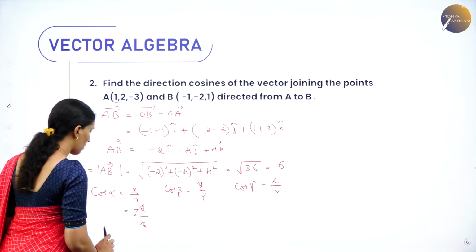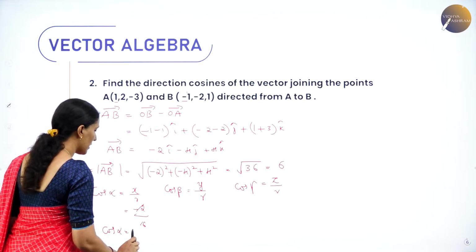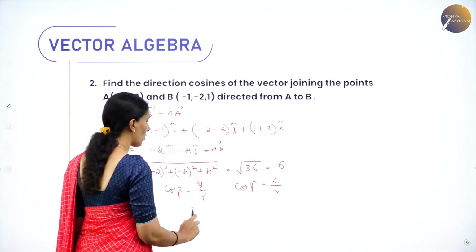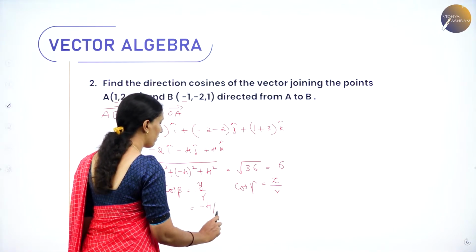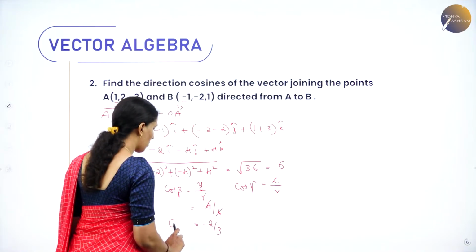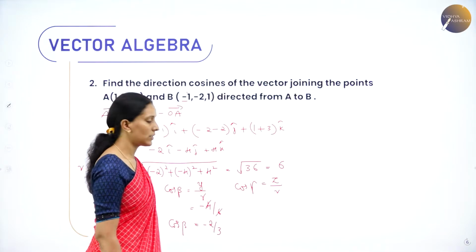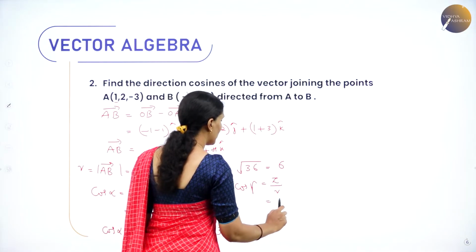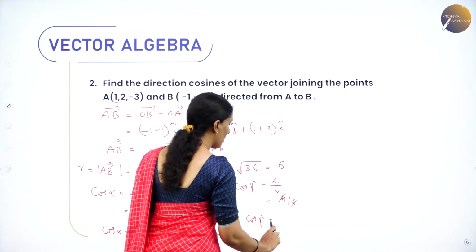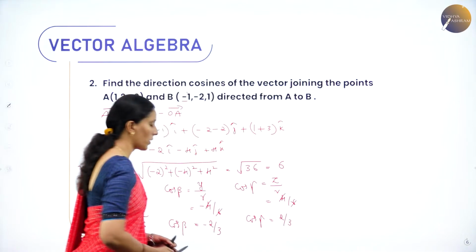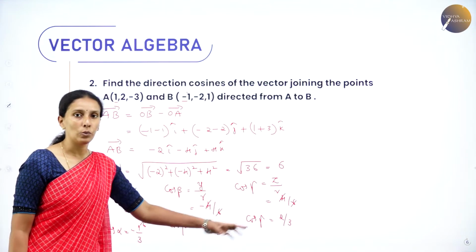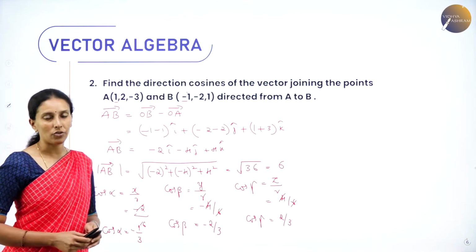So cos alpha is minus 1 by 3. Next cos beta: we have minus 4 divided by 6, so cos beta is minus 2 by 3. Next, this is 4 by 6. When you cancel, you will get cos gamma as 2 by 3. So minus 1 by 3, minus 2 by 3 and 2 by 3 are the direction cosines of this vector.